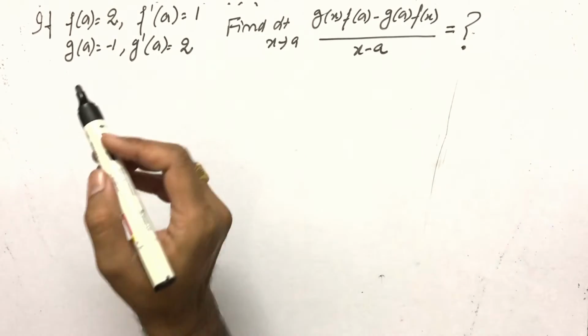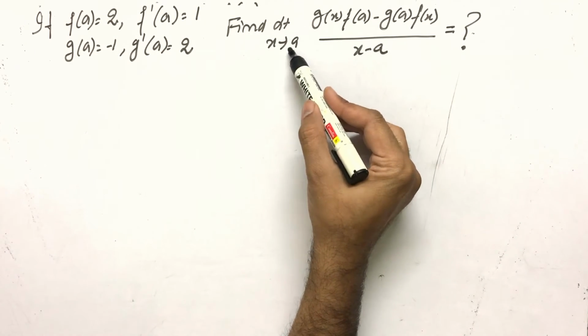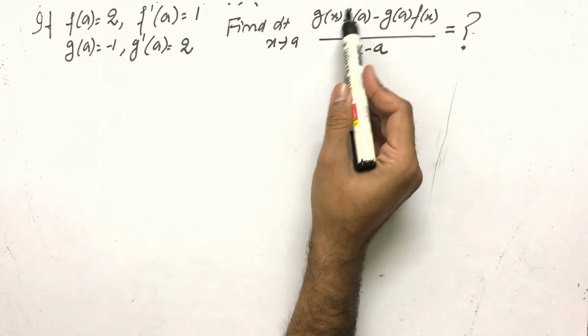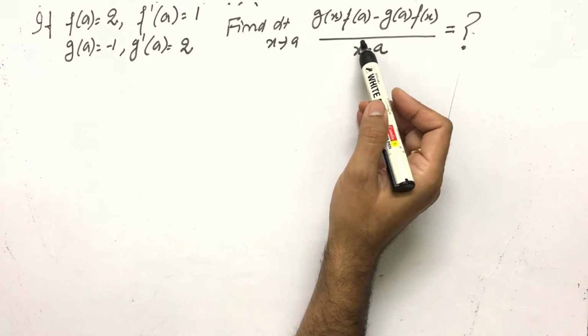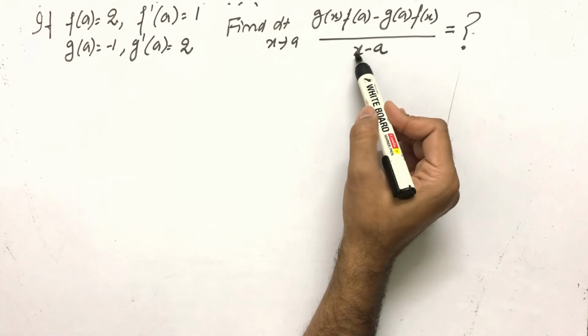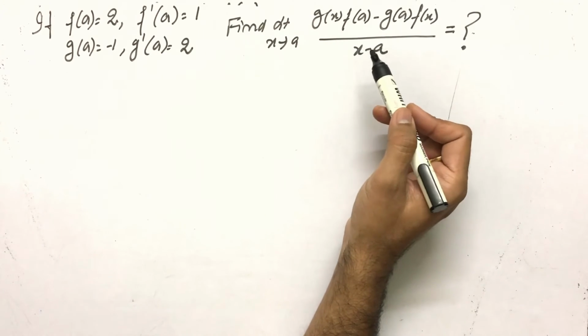Now as you see, whatever knowledge we have, we cannot put this value directly here, because when we put x = a, from the limit point of view, we get g(a)f(a) - g(a)f(a), and here also a - a. So it becomes 0 by 0, which is not defined.